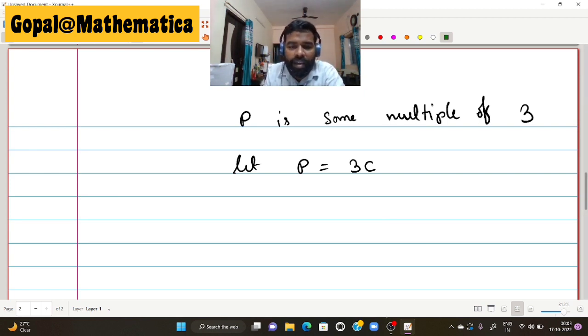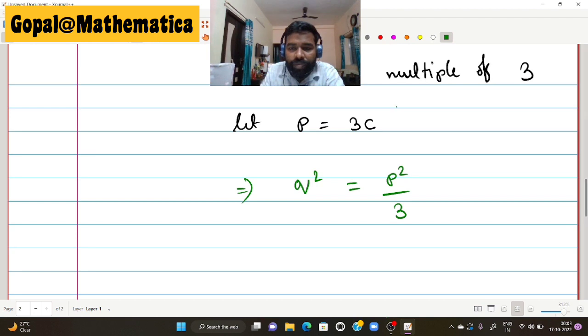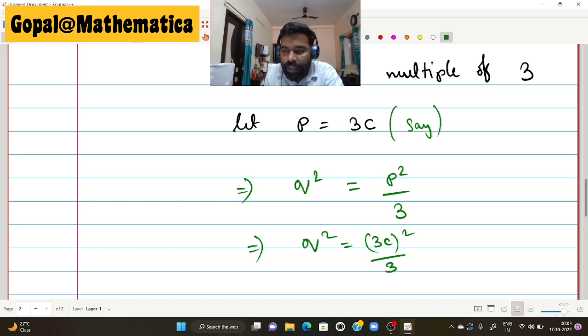Now we go to the last part which we left there, that is q square is equal to p square by 3. Now you substitute this part. So q square is equal to (3c) whole square by 3.